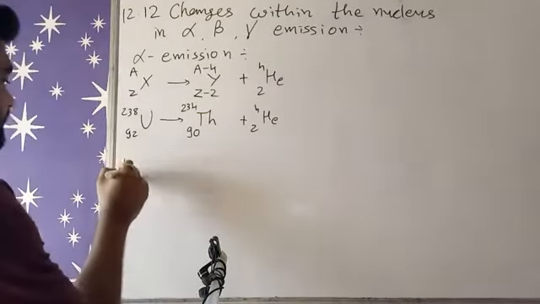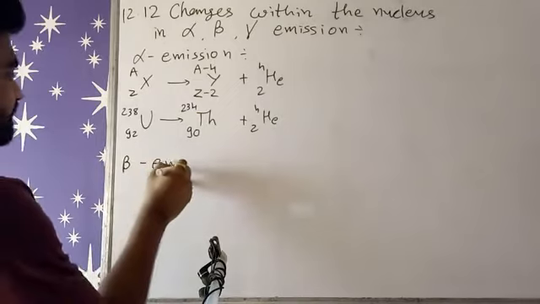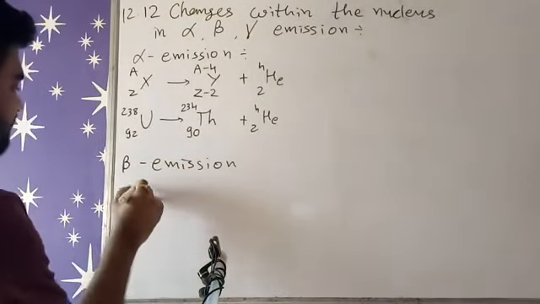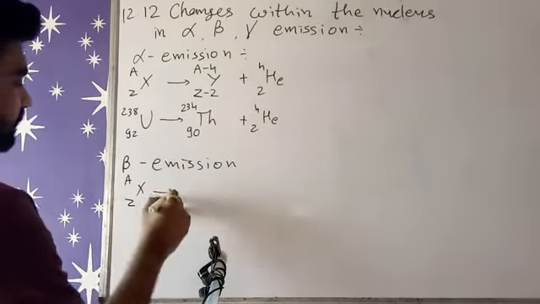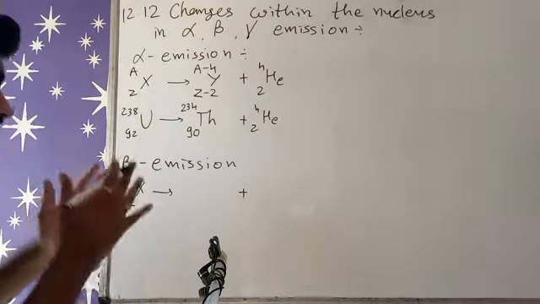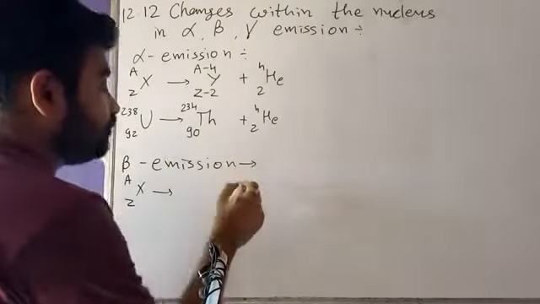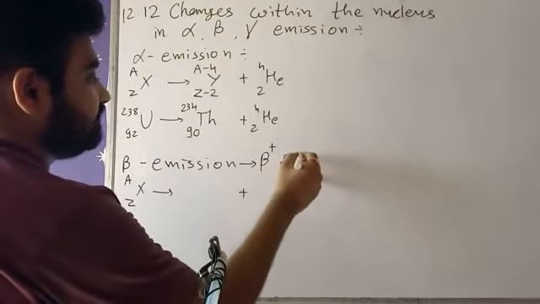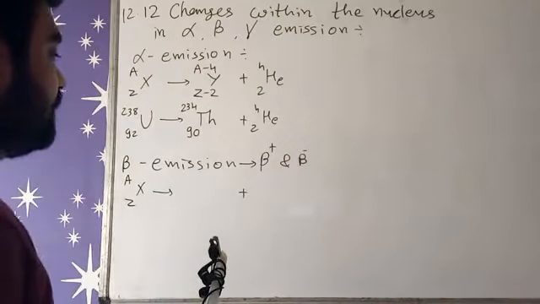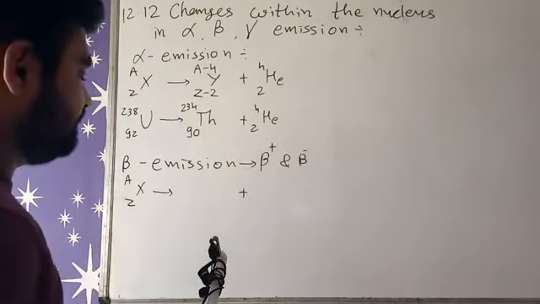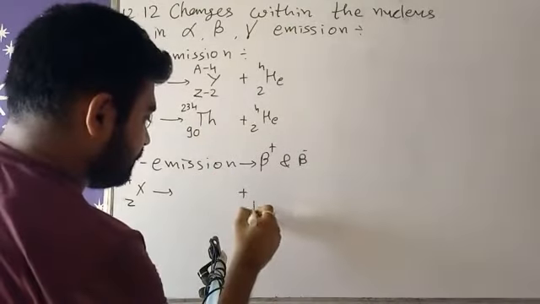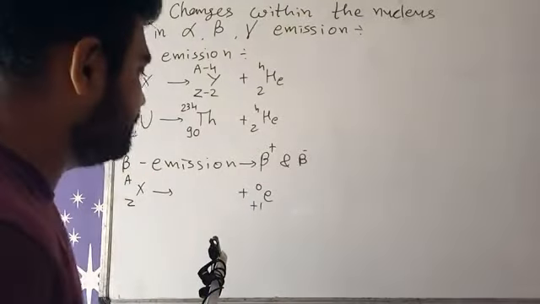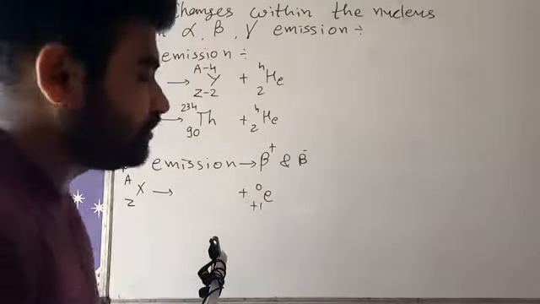Now the second thing is beta emission. Similarly, I am writing the first example equation. For beta emission we have two types: first is beta plus decay and second is beta minus decay. For beta plus, plus 1 E 0 will be emitted during this reaction, and this is known as a positron.